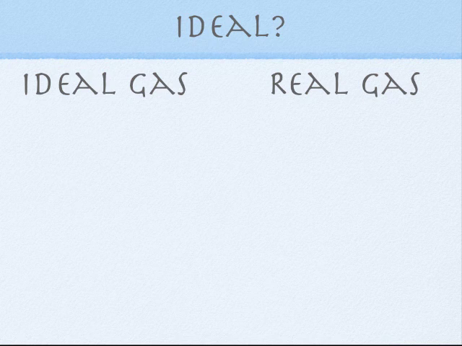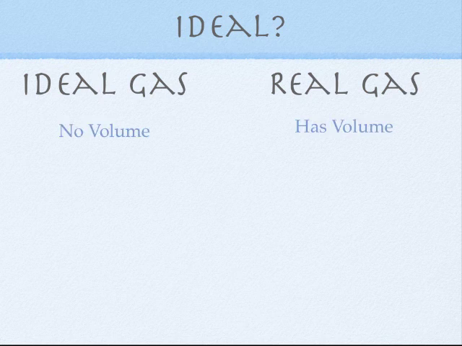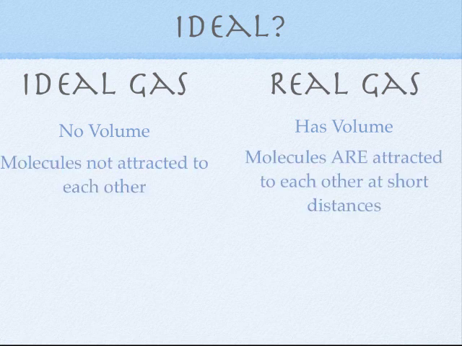The ideal gas law works well most of the time, but it has some assumptions. The first one is kind of like kinetic molecular theory. We've already talked about these. We assume that gases don't have volume. But we do know for a fact that gases actually do have volume. They're matter, they take up space. But for the math, they don't have volume, because then you have to figure out the volume.